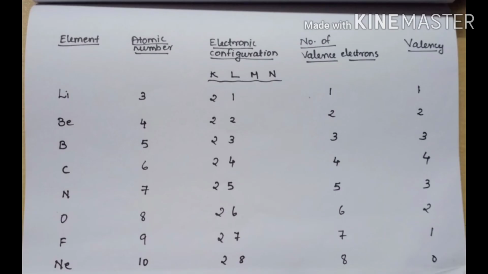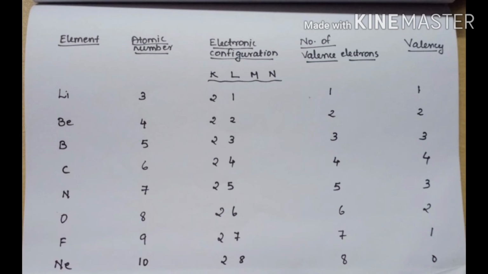Next, these are the elements in the second period. All these elements have different number of valence electrons. Their valencies are given in the last column. As we move from left to right, the valencies of these elements first increases from 1 to 4, then decreases up to 0.